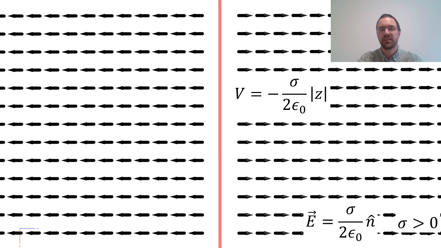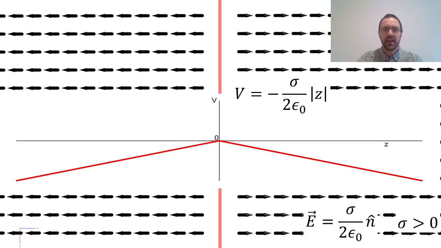You can check that if you take minus the gradient of this, you get the electric field. And now I'm adding the plot of the electric potential as a function of z. You can see that V is continuous at the boundary, but the variation is discontinuous. You have a positive slope on the left and a negative slope on the right.